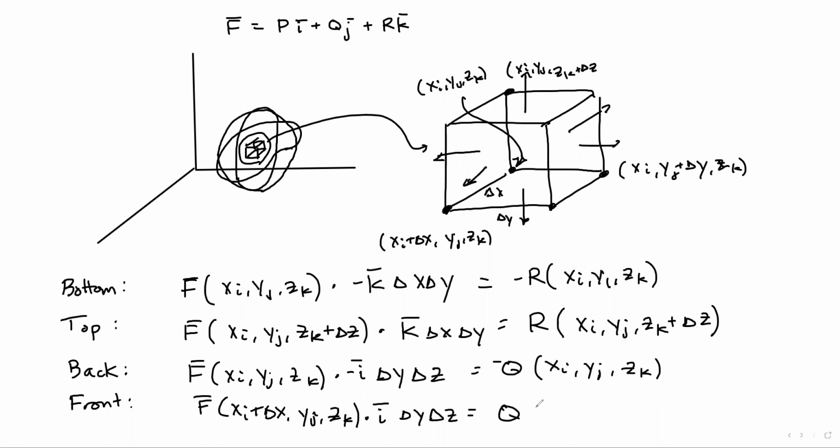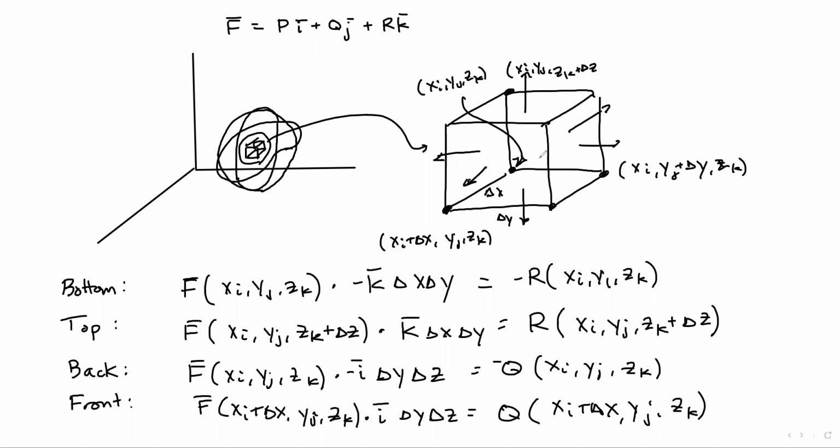We get positive P at x sub i plus change in x, y sub j, z sub k. And then it's similar for the right and left. You can just extrapolate those.